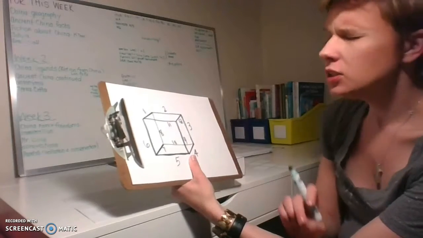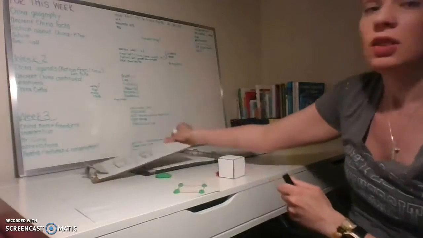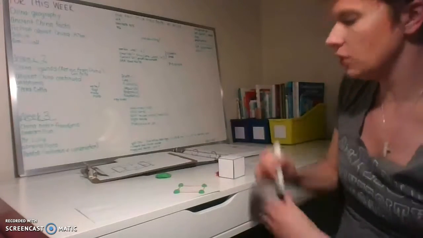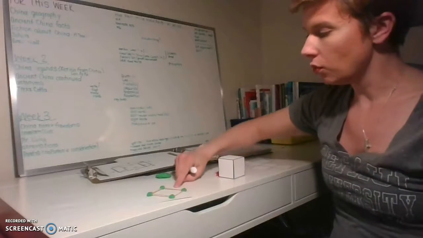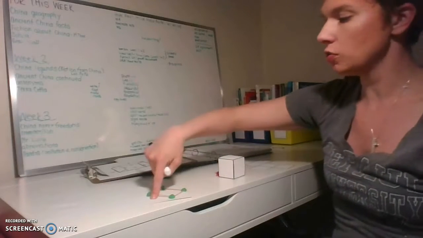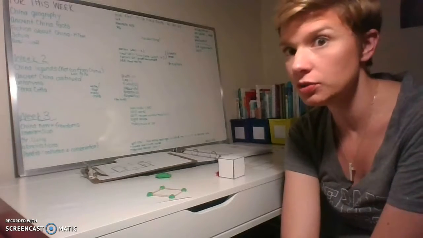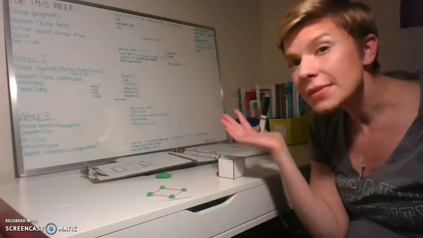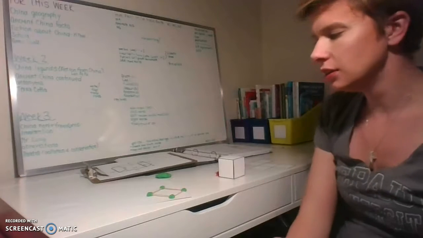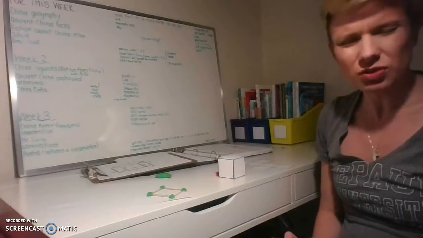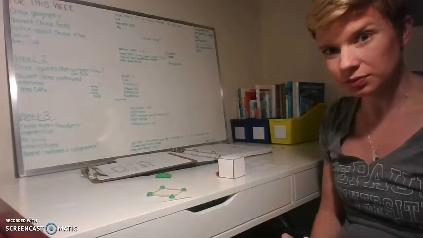So do you think that I can use the 1, 2, 3, 4 edges that I already have in order to make my cube? I think I probably can. So how many toothpicks do I still need?